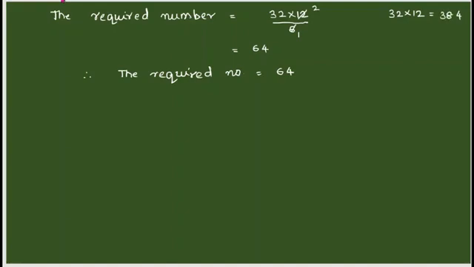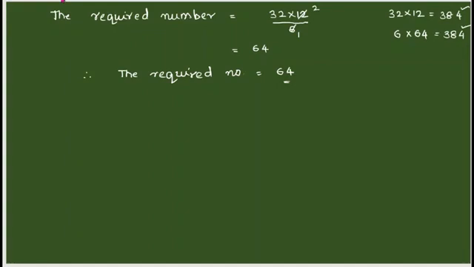Whereas product of means we get 6 into 64. 6 fours are 24, 2 is carry on. 6 sixes are 36 plus 2, 38. Now we can confirm that the products are equal, so the four numbers are in proportion. Which are the four numbers? 32, 64, 6 and 12.